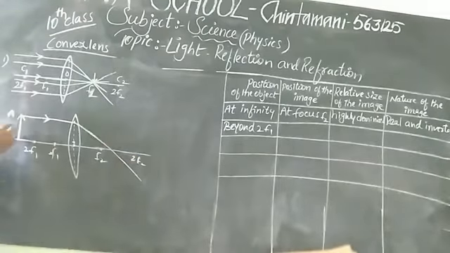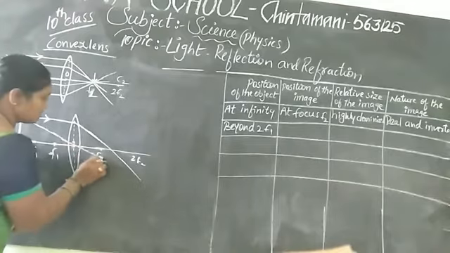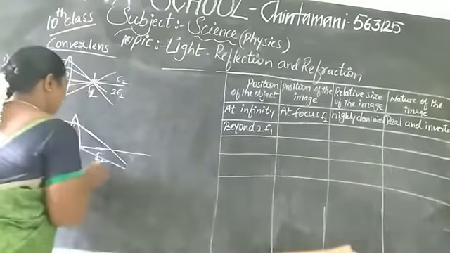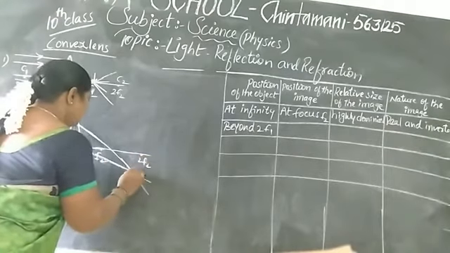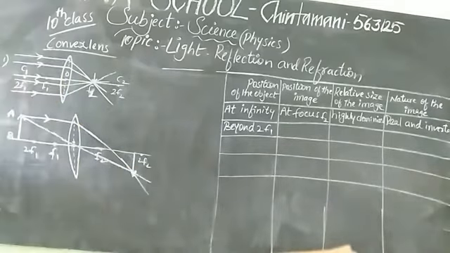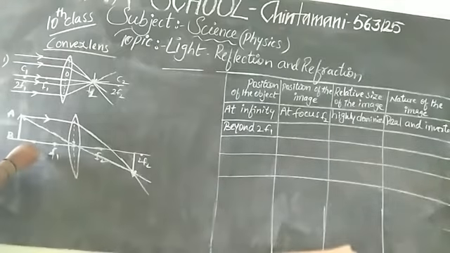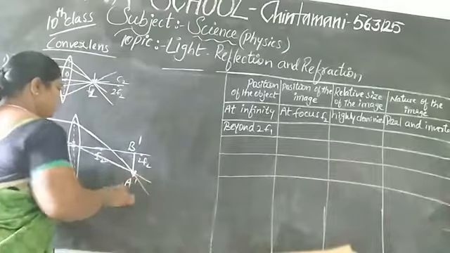Next, when the ray is passing through the center of the lens, it doesn't deviate for us. It is not going to deviate. Where it is going to meet, there we have to show. So when we have taken the object beyond 2F1, this is our image.